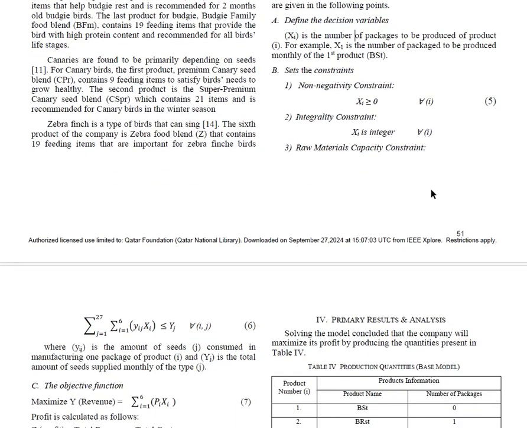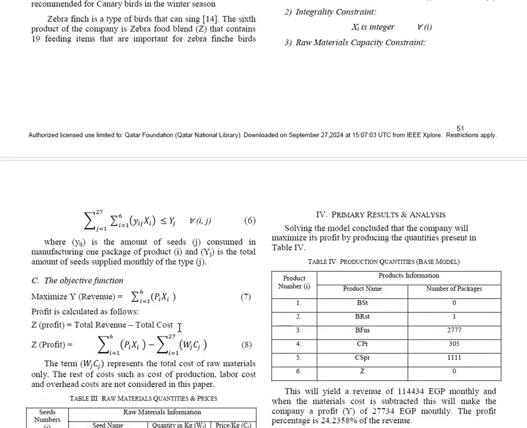Raw material capacity constraints: the amount of raw materials used in the production must be less than the raw materials supplied on a monthly basis. So Yij is the amount of seeds or amount of raw material J consumed in manufacturing one package of product I. So let's say I need 10 grams of a specific raw material in order to produce one package of the first product.